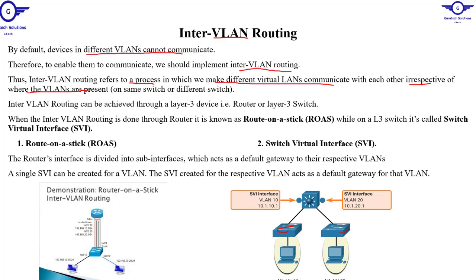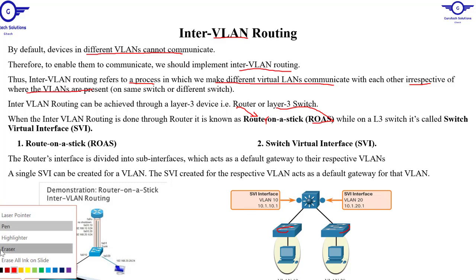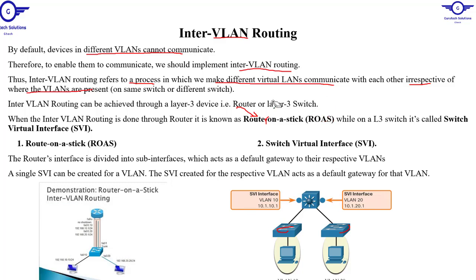So inter-VLAN routing can be achieved. We can implement inter-VLAN routing either on a router or a layer 3 switch. When we implement inter-VLAN routing on a router, we call it a router on a stick. Not route, but router on a stick, ROAS.